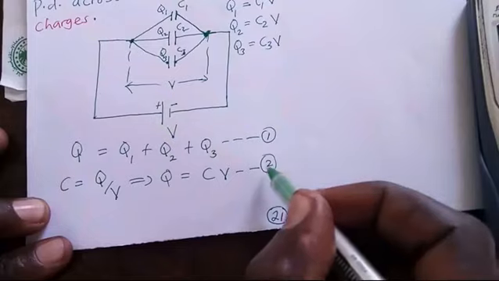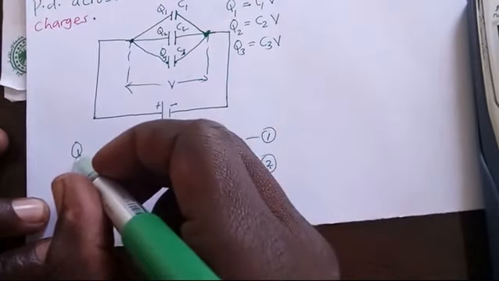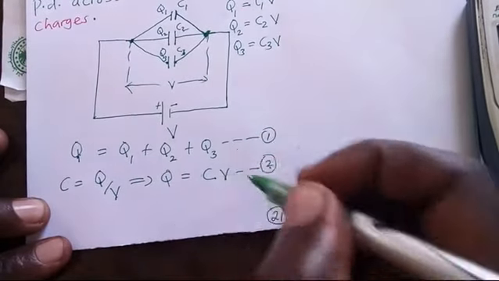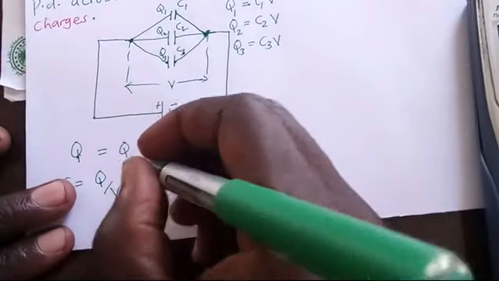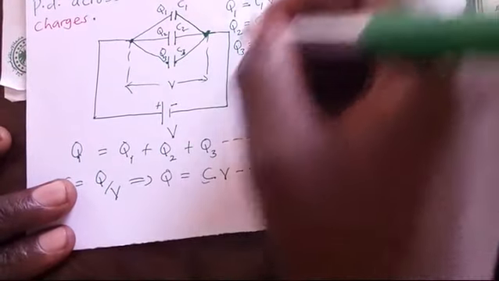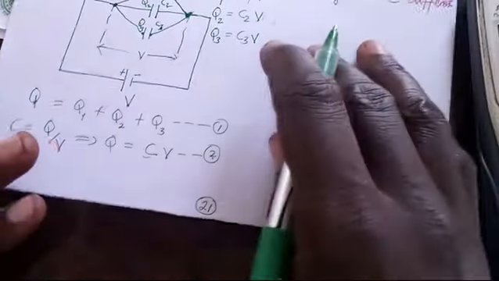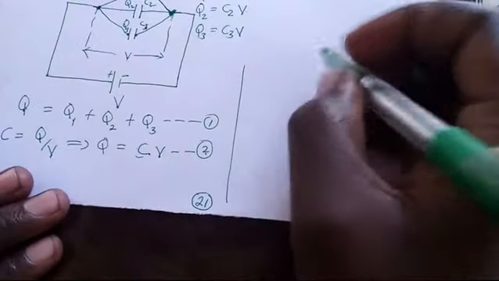Now we can substitute equation 2 for Q into equation 1 for the total charge. Then this C will be the total capacitance. Instead of Q1 we substitute C1V, instead of Q2 C2V, and instead of Q3 C3V. Look at what we have.